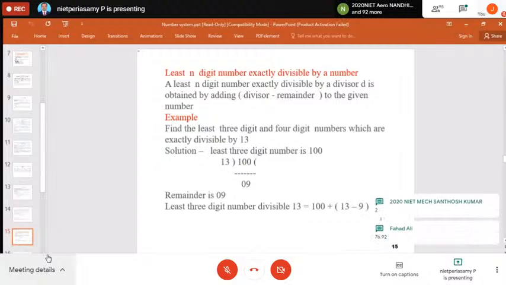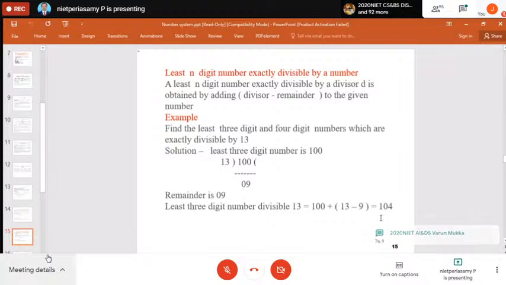7 13s are 91. What is the remainder? Students, what is the remainder?